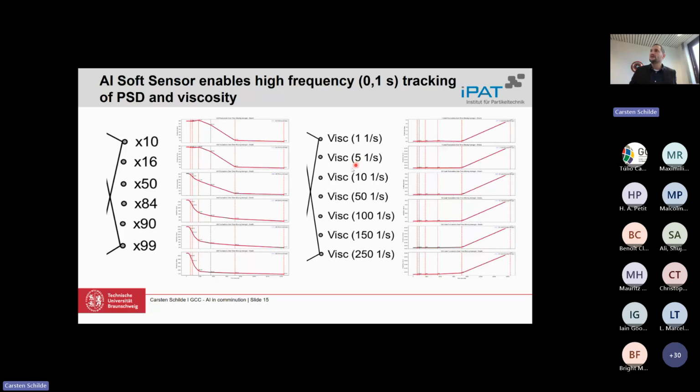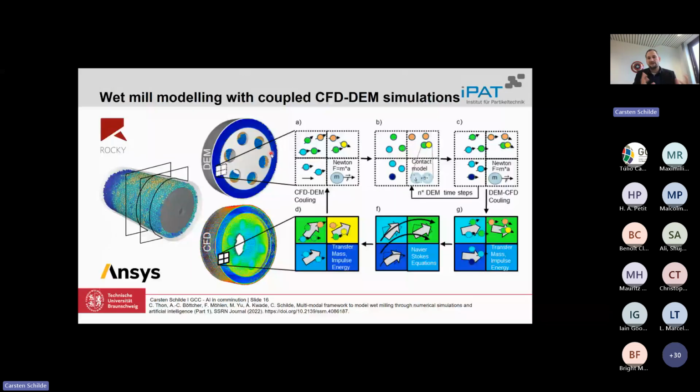And this now gives us the different x10, x50, x90 values online during our grinding process. So now we have an online sensing of the whole particle size distribution with a high resolution and also the viscosity. And this is the part we need for real-time process control.